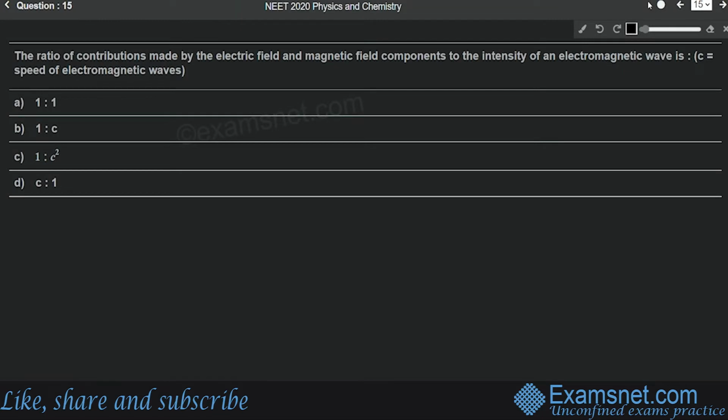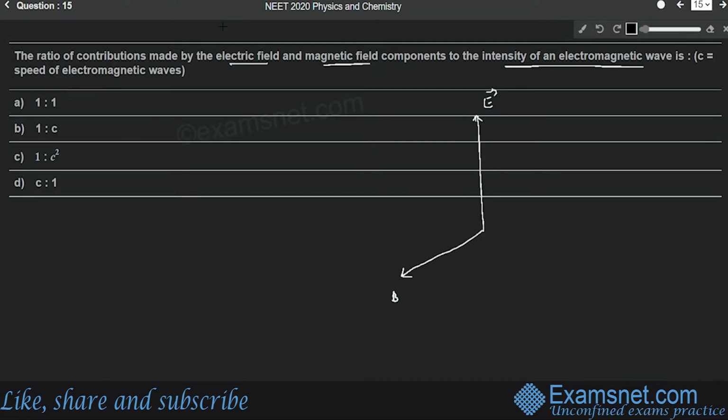Question number 15 is from the chapter Electromagnetic Waves, and the question is, the ratio of contributions made by electric field and magnetic field components to the intensity of an electromagnetic wave is. Okay, c is the speed of electromagnetic wave. Suppose this is the electric field and this is the magnetic field.